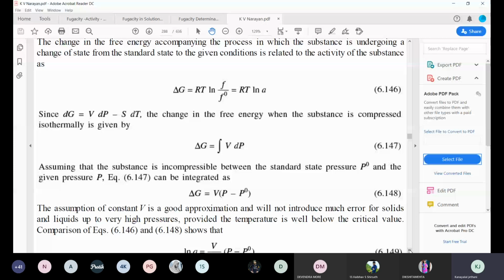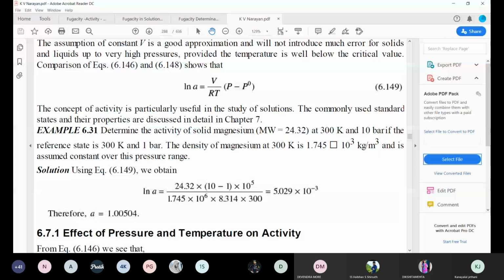Can you see this? Example 6.31. Okay, so determine the activity of solid magnesium. Molecular weight is given at 300 Kelvin and 10 bar. The reference state is 300 Kelvin and 1 bar. So generally pressure 1 bar लेते हैं. The density of magnesium at 300 Kelvin is 1.745 into 10 to the power of 3 kg per cubic meter, and assume constant over this pressure range. So we can use this equation 6.149 जो हमने derive किया अभी.